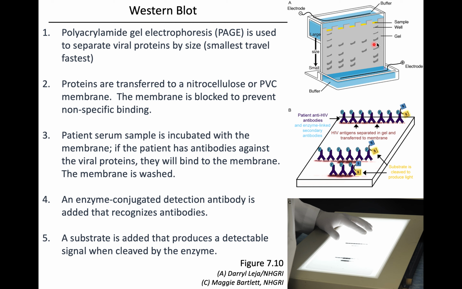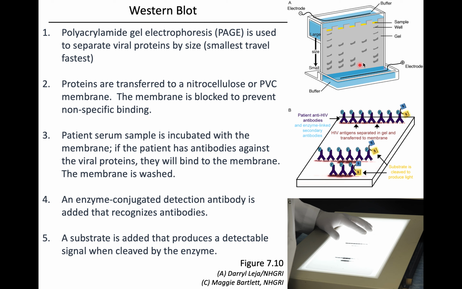So the setup is a little different. It's usually a vertical gel instead of a horizontal. But you load your protein samples in these wells at the top, and as they migrate through the polyacrylamide, the smaller proteins will move more quickly and the larger ones more slowly, and we get that separation based on size.